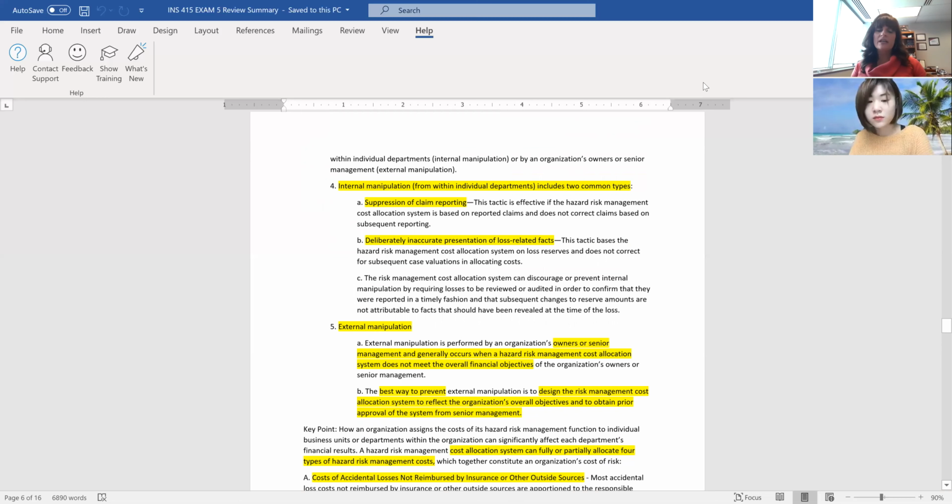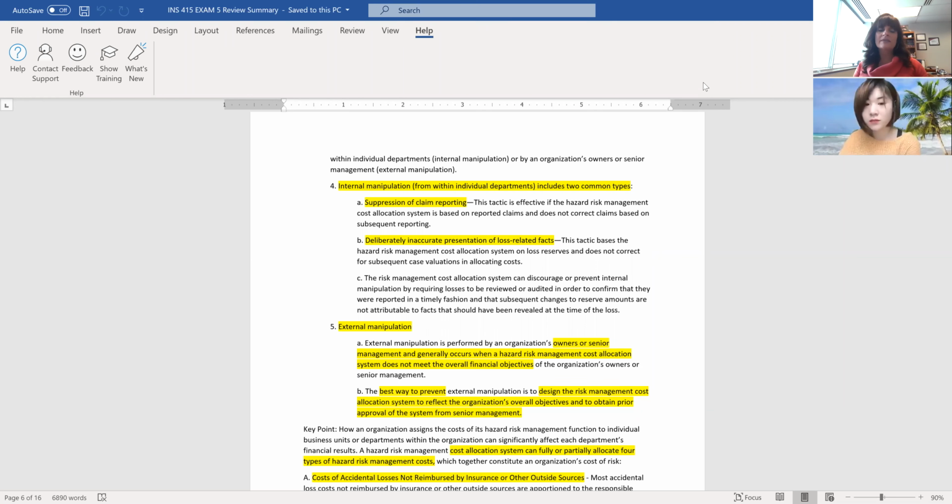There's also an opportunity for internal and external manipulation of costs. So internally, I mentioned that a lot of our departments just fail to report claims. Nobody likes to air their dirty laundry, so they just don't report it. They just fix it, don't turn it in, because it's like having an auto accident. You'd rather not turn it in to the insurance company, because then they know that you've had accidents and they're going to track you from that point forward.